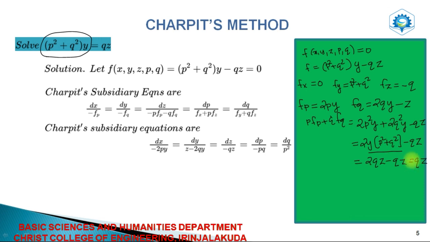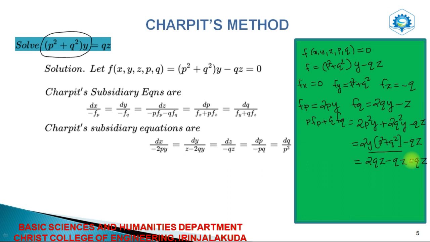So pfp plus qfq is nothing but qz. So minus pfp minus qfq is minus qz. Now dp divided by fx plus pfz. Fx is 0, so pfz is minus pq, and dq divided by p square. So right now we have all the fractions in the subsidiary equations.